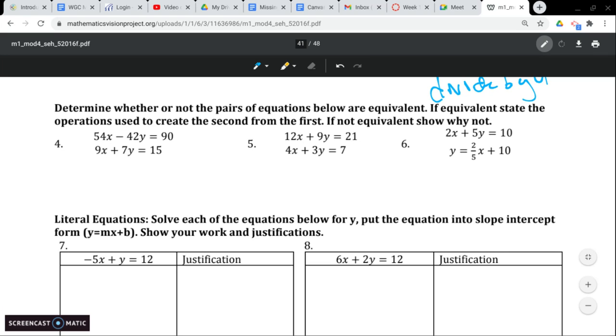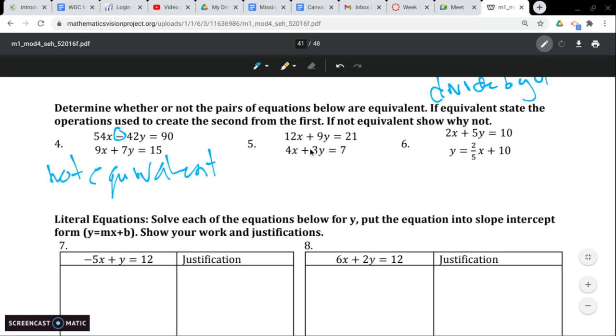So all the numbers work out, but what do we notice? The 42 is negative here, but the 7 was positive, so not equivalent. Almost equivalent, but not because of that minus sign right there.